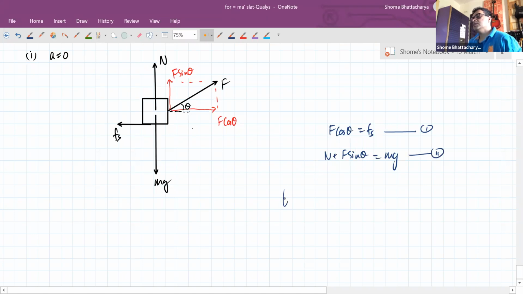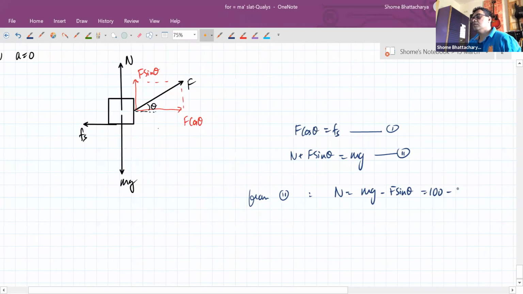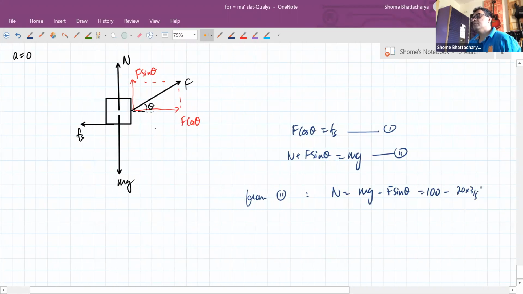Okay, so from the second equation, you are getting normal reaction as mg minus F sin theta. So that is 100 newtons minus 20 into 3 by 5. So that is 85 newtons. Okay, that's your normal reaction.